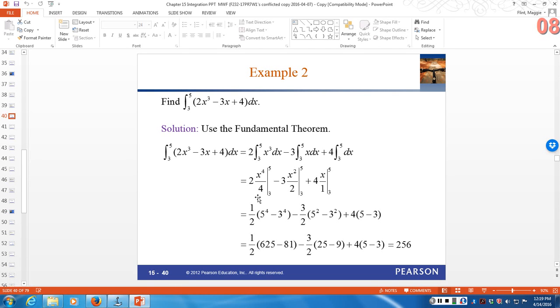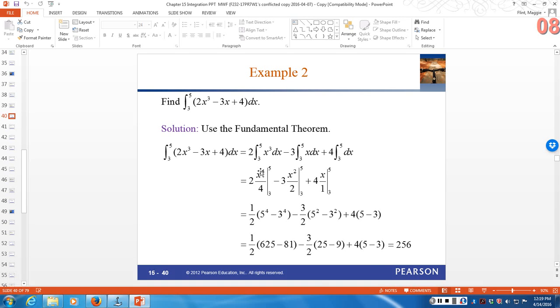Why did we divide by 4? Because originally that x cubed had a coefficient in front of it, and its power was 1 higher. When we integrate, we're going backwards from derivatives.